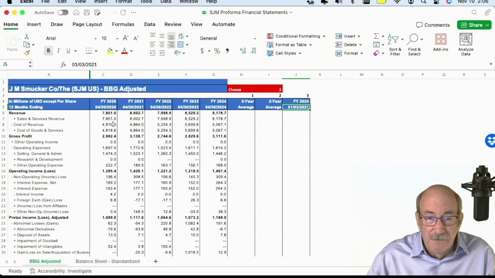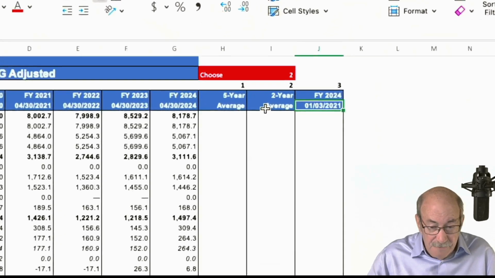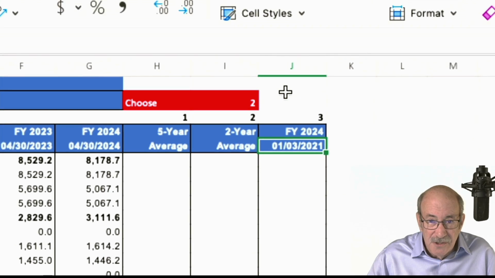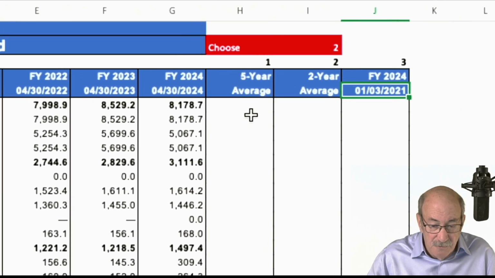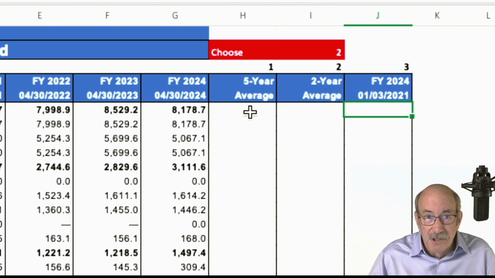The first thing I wanted to do here was get my formatting put together for what I'm going to do for the pro formas. I've chosen to use this CHOOSE function, and so I set that up here. We're going to have 3 different types of averages. One of them actually isn't even an average; it's just the most recent year of financials.